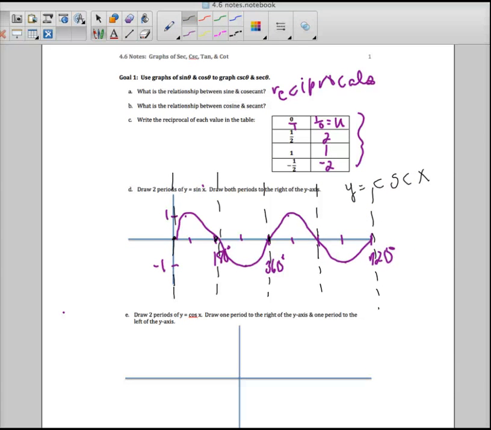We went through and found all the places where the graph of sine crossed the x-axis, and we plotted the reciprocal of 0, which is undefined. So everywhere sine equals 0, cosecant is undefined. We show that with an asymptote.